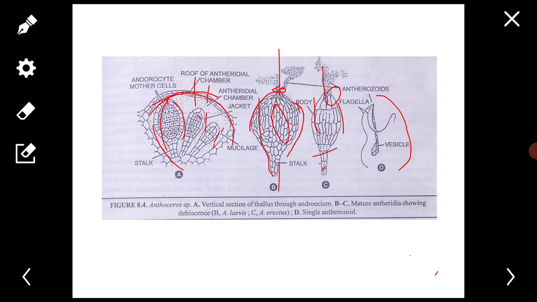The mass of androcytes breaks into small clusters and comes to lie on the surface of water.